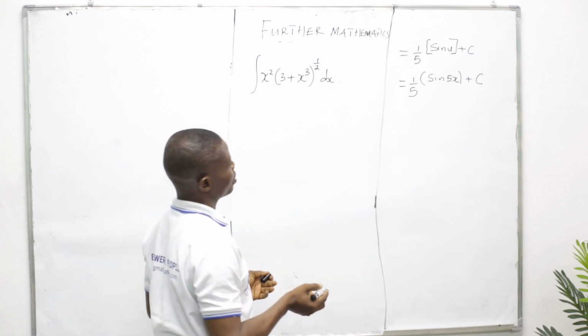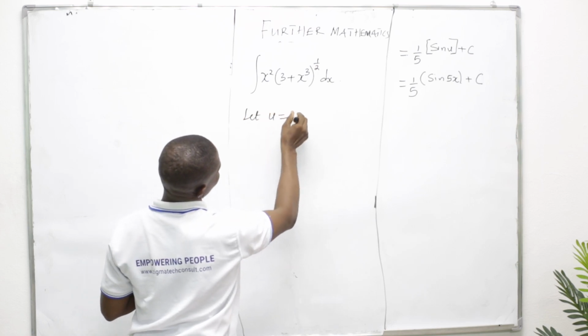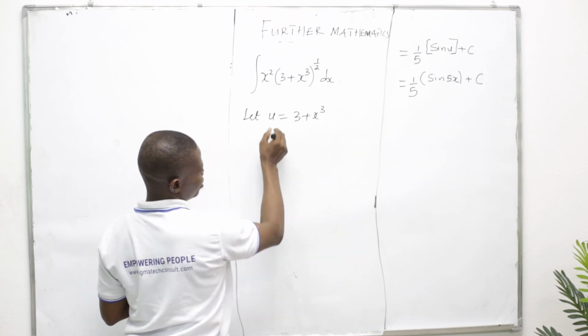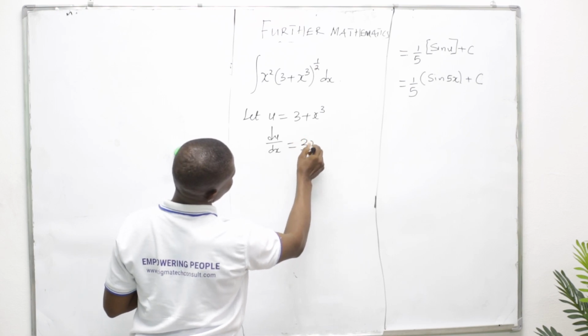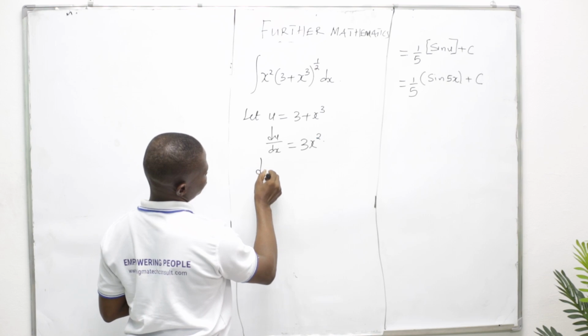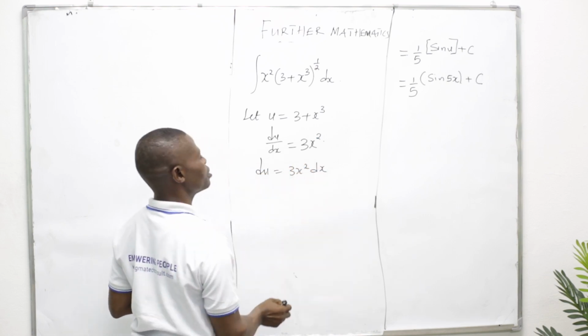There's not much problem here. All you got to do, just say let u equals 3 plus x cubed. You differentiate. du over dx equals 3x squared. Now du equals 3x squared dx.